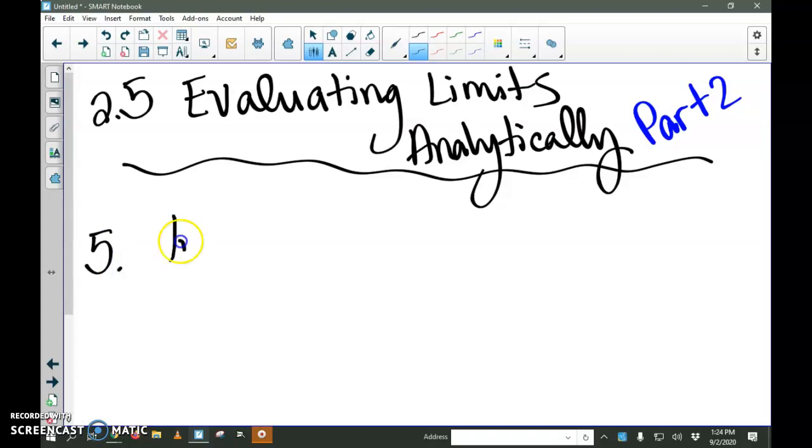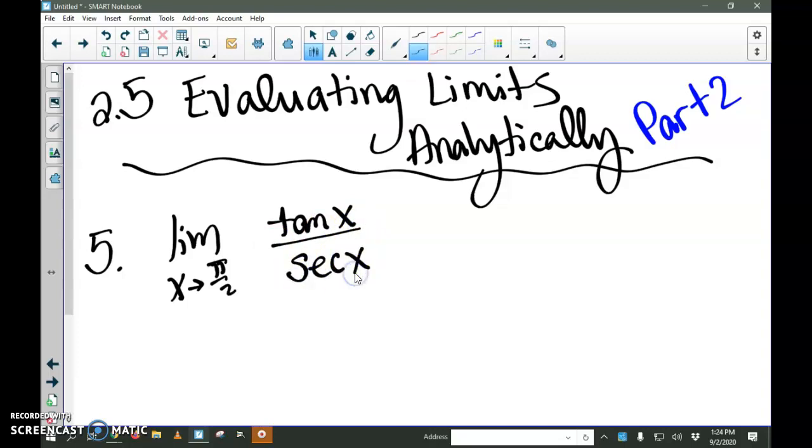problem 5. So the limit as x approaches pi halves, and then I'm going to have tangent of x divided by secant x. Okay, and so I'm going to go ahead and substitute pi halves in, tangent of pi halves over secant of pi halves.